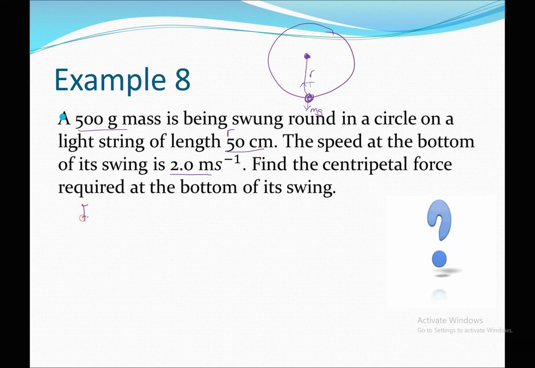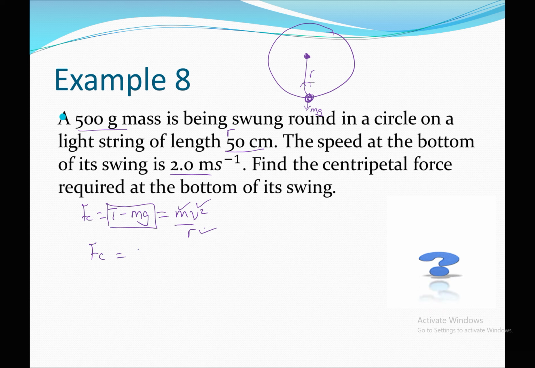So the centripetal force is the tension minus mg, which is the same as mv squared divided by r. We have the mass, the speed at the bottom, and the radius, so I don't even need to calculate the tension.